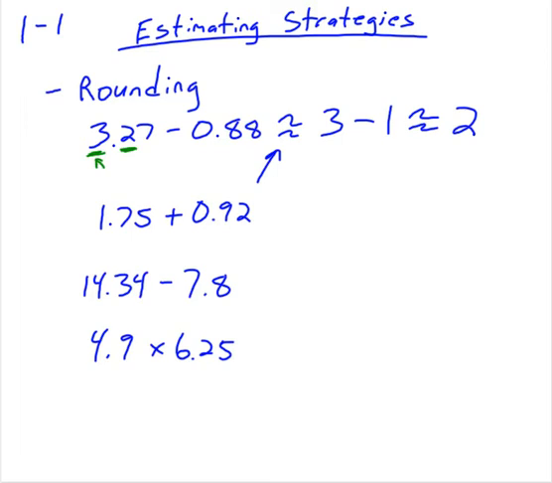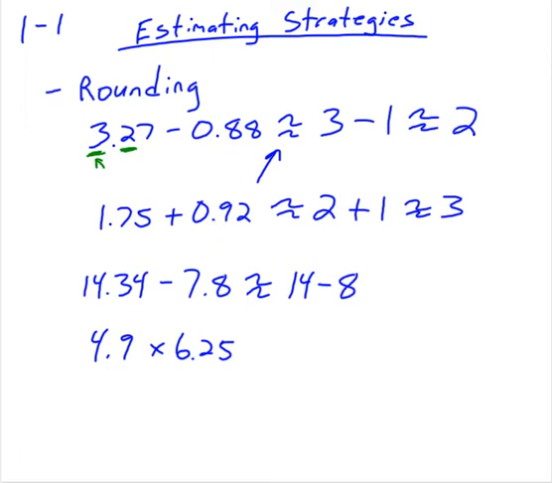Alright, so we're going to set this approximately equal to. 1.75 is closer to 2 than 1. 0.92 is closer to 1 than 0, so we have approximately equal to 2 plus 1, which is 3. For the second one, 14.34 is close to 14. 7.8 is actually a little closer to 8.